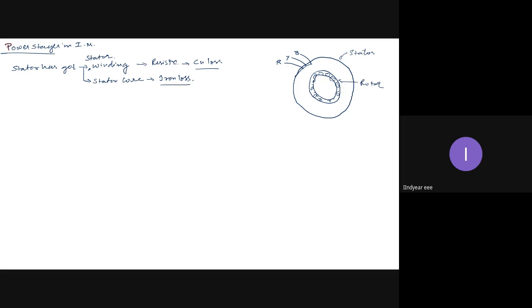Then the remaining power from the source input is supplied to the rotor in the form of rotor input. Okay. Then when rotor receives the input, what rotor has got?